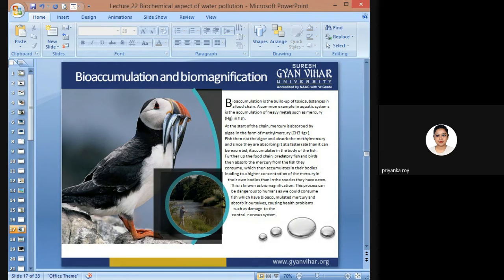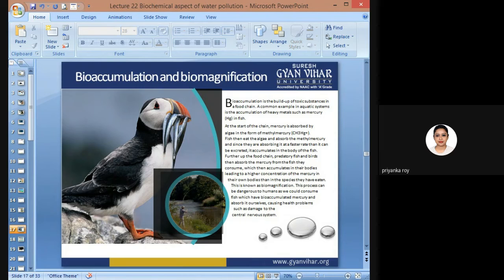So the fish then eats the algae and absorbs the methylmercury, and since they are absorbing it at a faster rate than it can be excreted, it accumulates in the body of the fish, in fat cells.